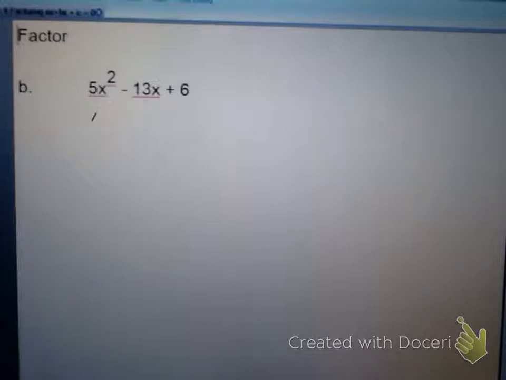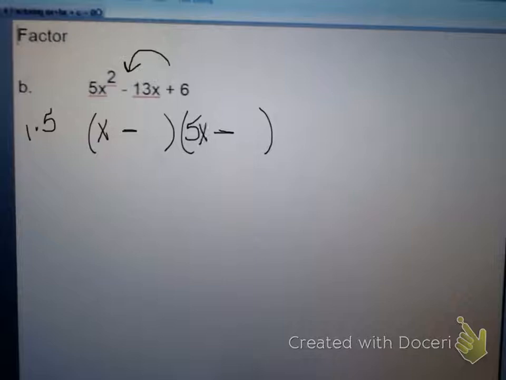Example B, make my two binomials. First thing you have to do is the signs. If you get the signs wrong, then it will never work out. The last sign is positive, so that means they are both going to be minus signs. Factors of 5. We don't have any choice but to use 1 and 5, 1x and 5x. Factors of 6. Well, you could either use 1 and 6 or 2 and 3.